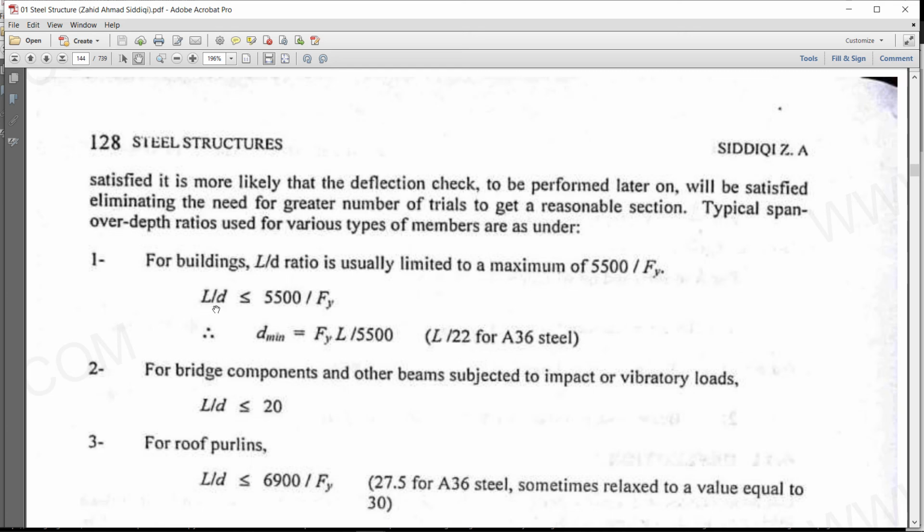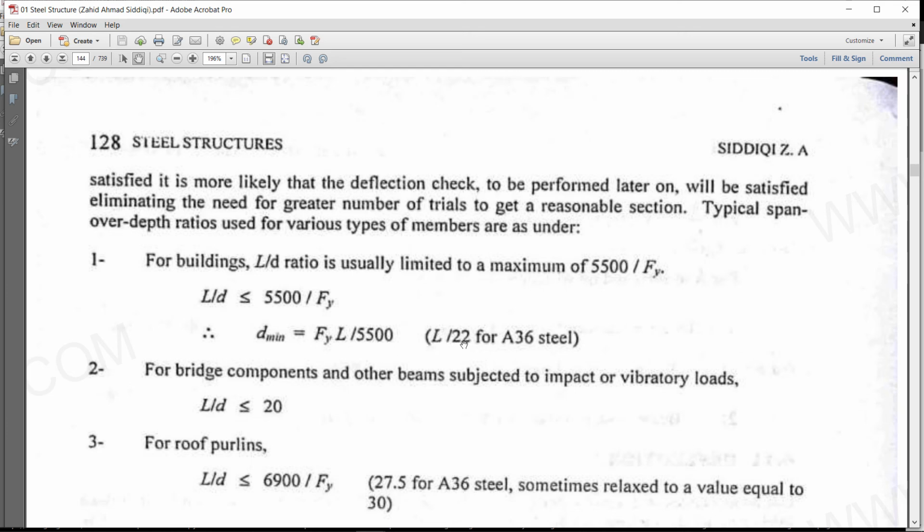You can easily get the minimum depth: take the 5500 to the other side, downward, and Fy multiplies on the top side. You will get Fy L over 5500. If you provide the section with D minimum, then the deflection criteria will be satisfied.